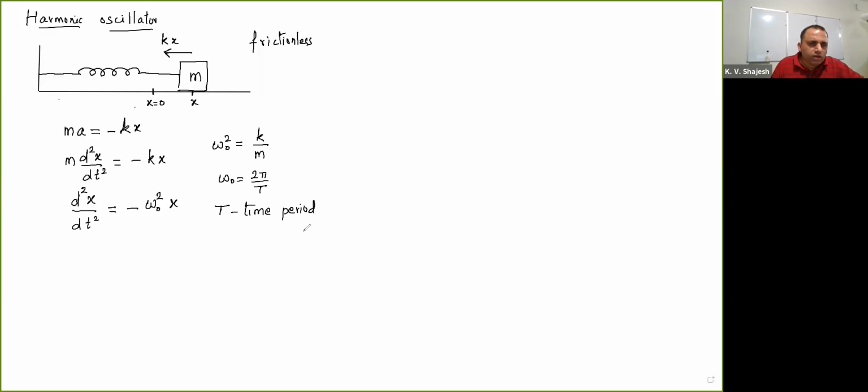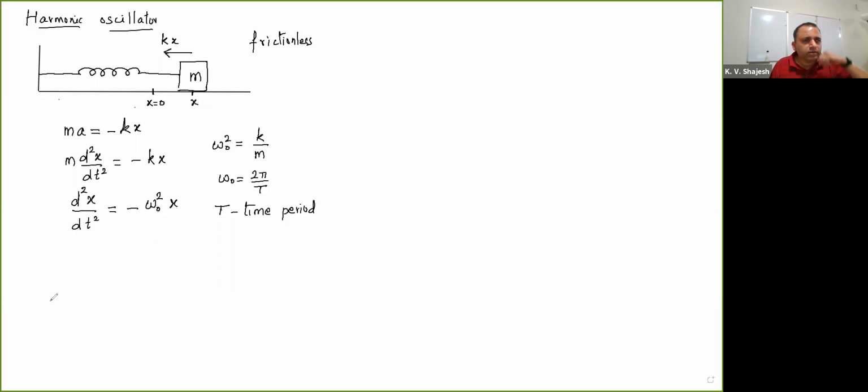Okay, so that's good. So that's your differential equation, and the goal here is to find the position x as a function of time. This is one of the simplest differential equations you can have.